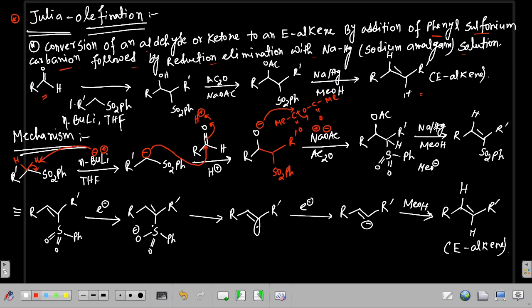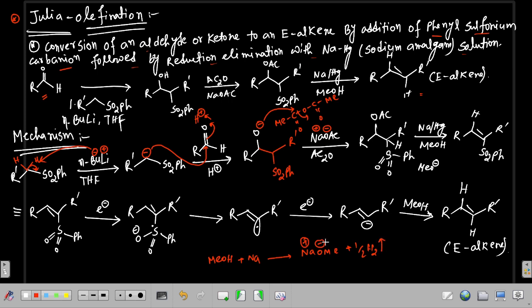Okay. Next, we react with sodium amalgam and methanol. In the presence of sodium and methanol, methanol and sodium will react and form sodium methoxide, which will act as a base, plus H2. It will release one H2 gas.